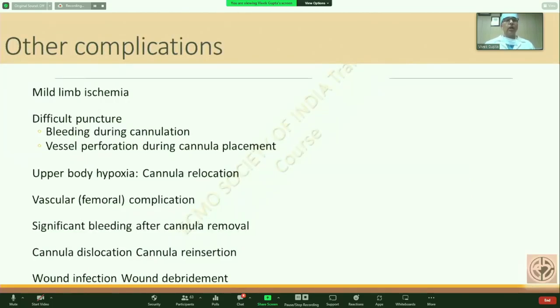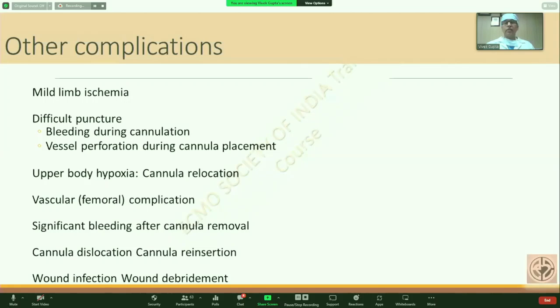Another complication we can have is limb ischemia in cases of VA ECMO when distal perfusion is not achieved, or even after the distal perfusion itself, there is a risk. Sometimes there is a difficult puncture, so there is a risk of bleeding, vessel perforation, or vessel dissection or injury during cannula placement. There can be upper body hypoxia in cases of VA ECMO, so we need to add another cannula in the jugular.